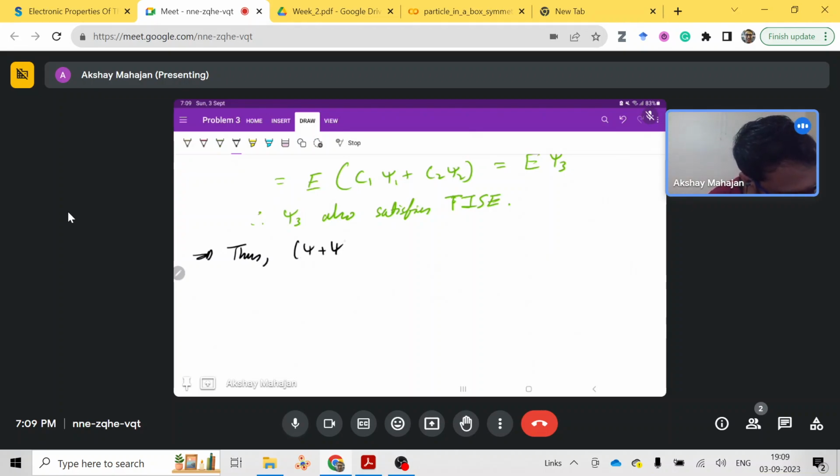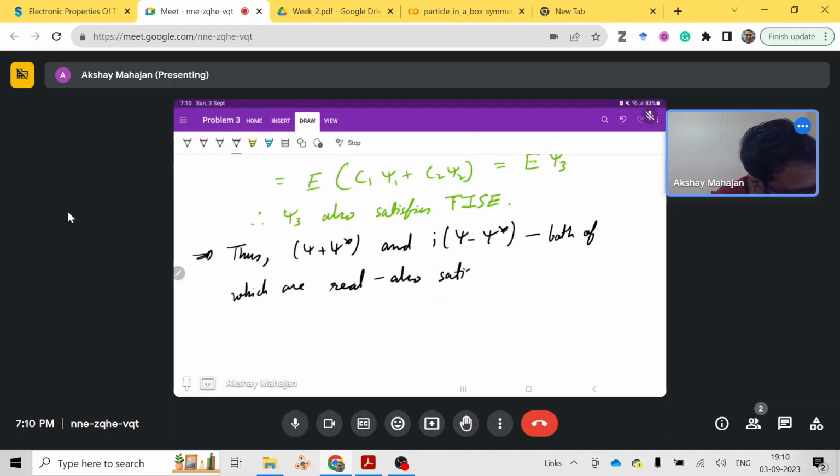psi plus psi star, which is one linear combination, and iota times psi minus psi star, both of which are real, also satisfy TISE.